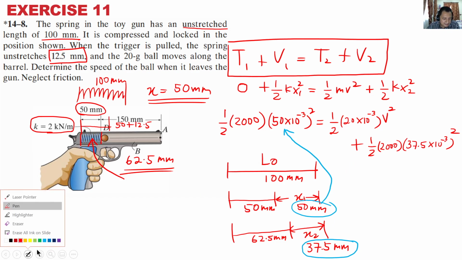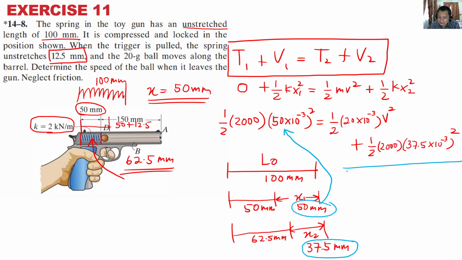Simplify the whole thing. Kira lah. 50 times 10 negative 3 squared kali 1000, 2.5. Why is it shaking? It is shaking.